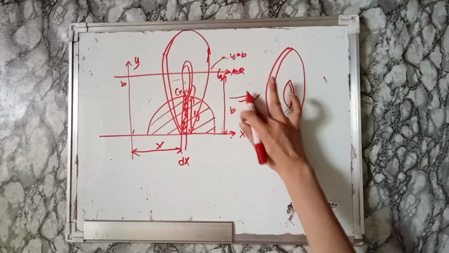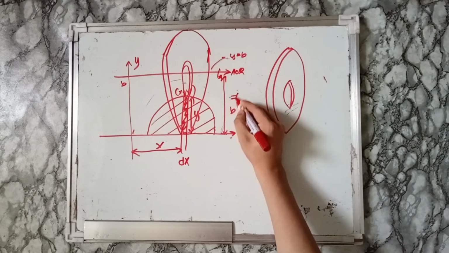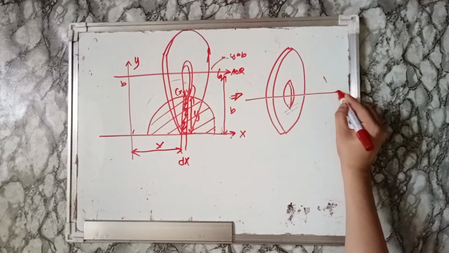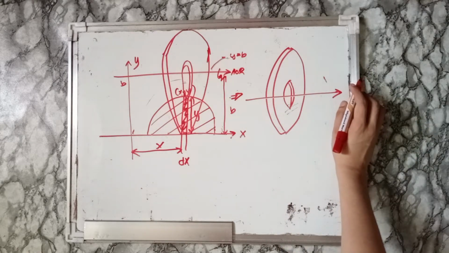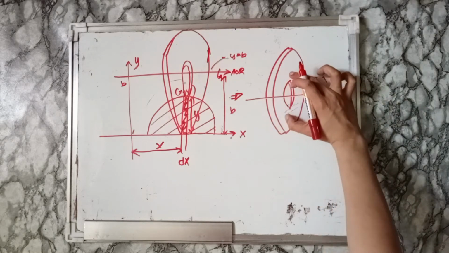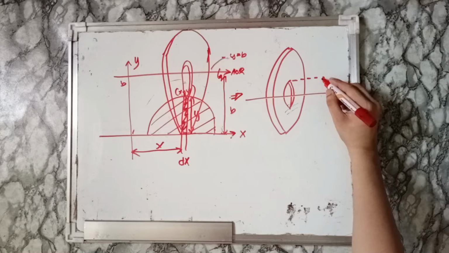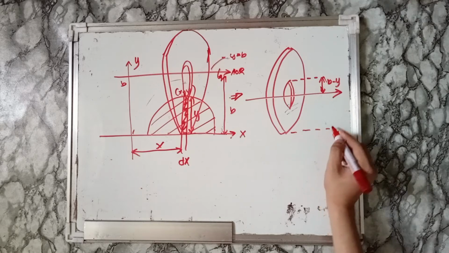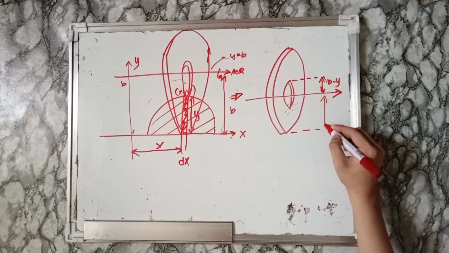And our axis of rotation is at the center. So the inner circle, this is just b minus y. And the big circle is just y, right?